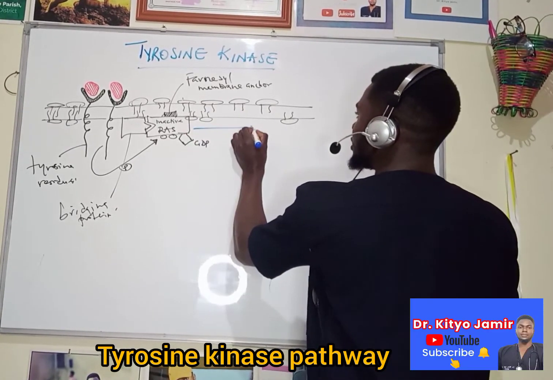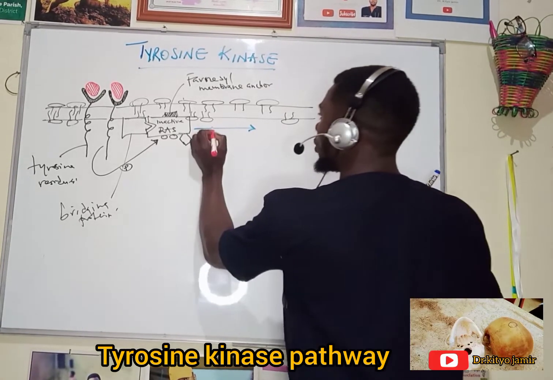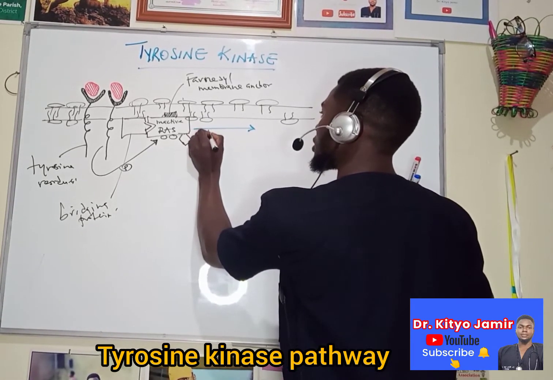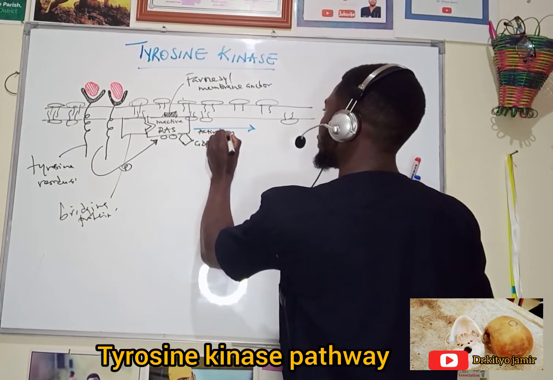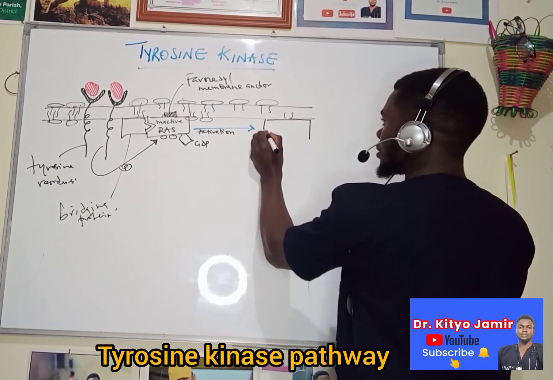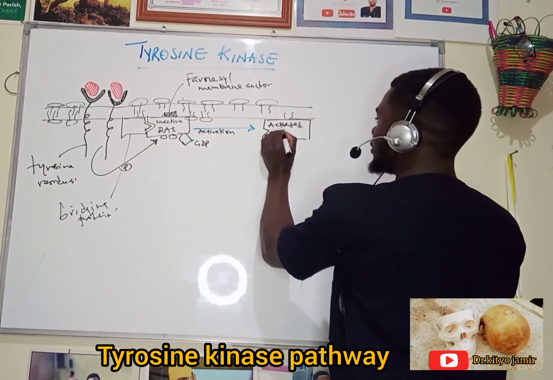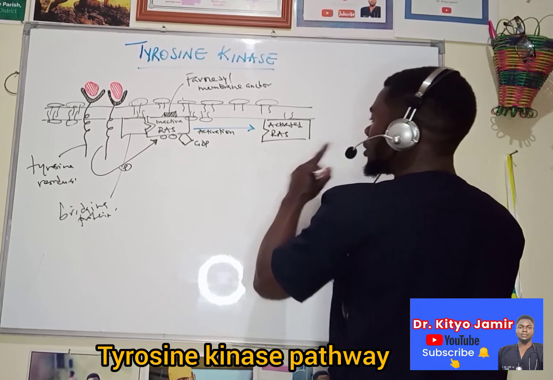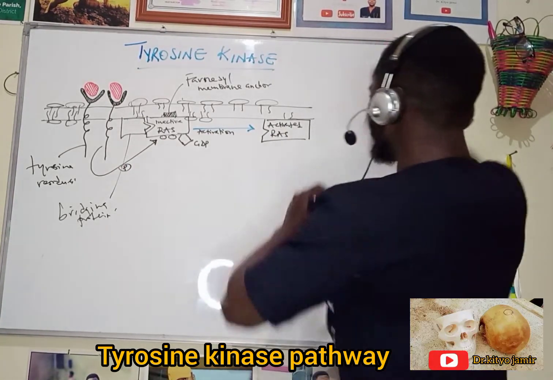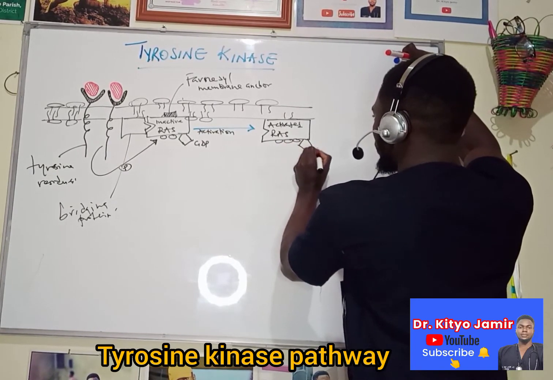We are going to have activation of the RAS. So this side we are going to have activated RAS. Where did the activation come from? It was phosphorylation of the GDP, so this side we are going to have GTP.